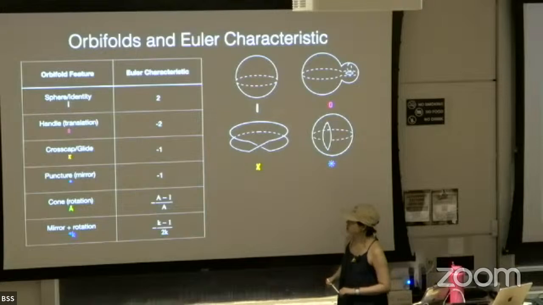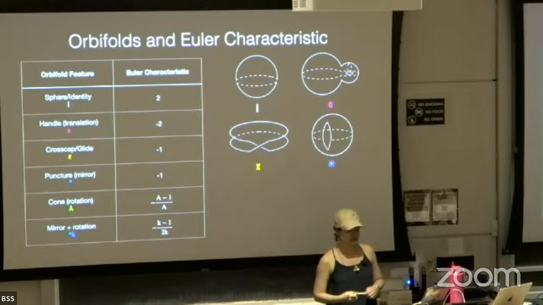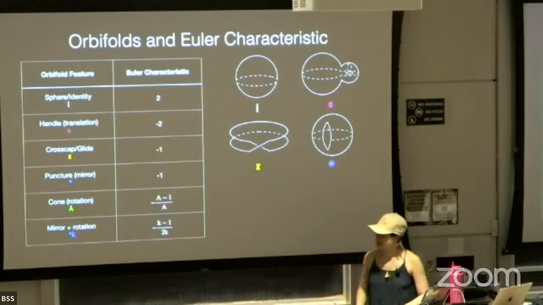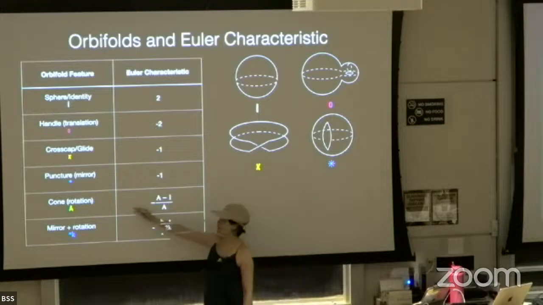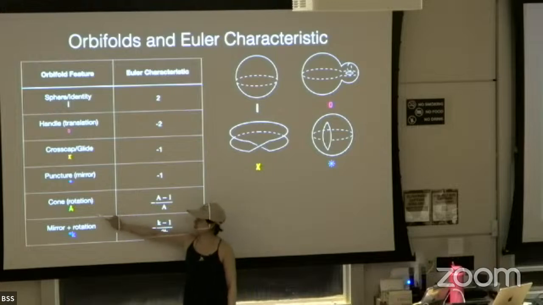We can also look at the cone rotations and the mirror rotations that we have. And so these numbers A and star K are counting the order of the rotation at point A, and here is the number of mirrors that intersect at point K.